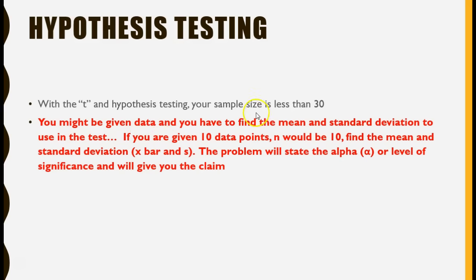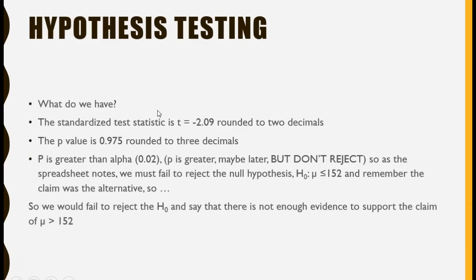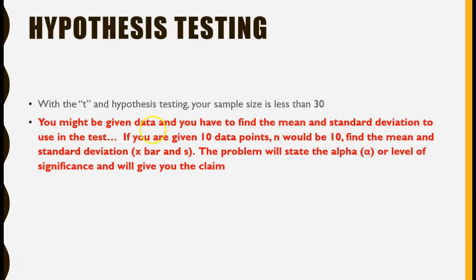And the problem will state alpha, or the level of significance. It will state what the claim is. So in that case, you would have everything that you needed. The sample size, well, if you've got 10 data points, your sample size is 10. So you have everything you need if they just give you the data and there are less than 30 data points.